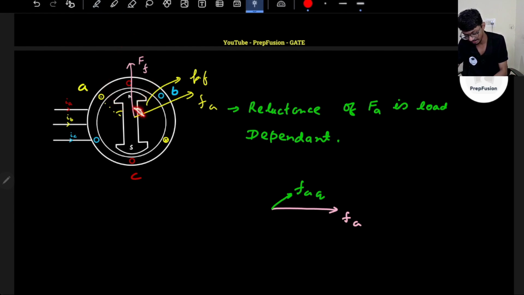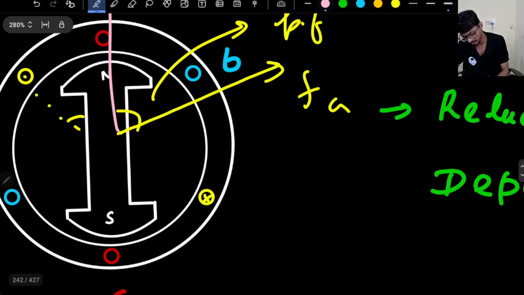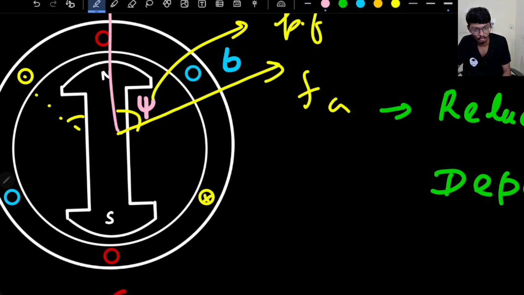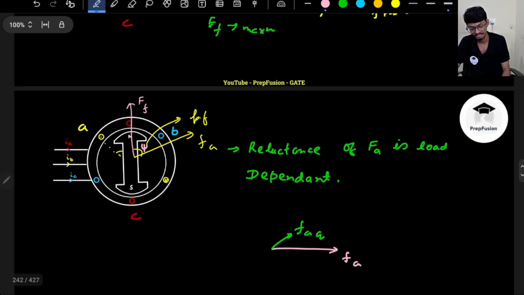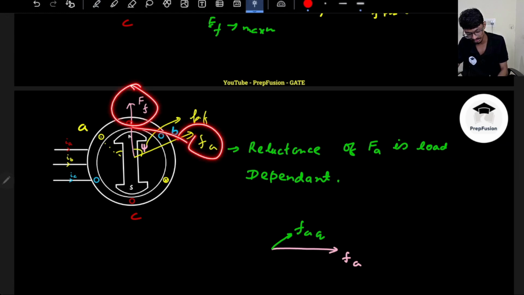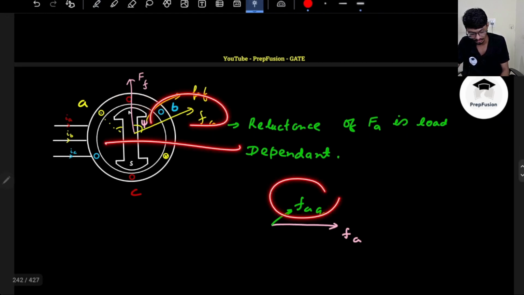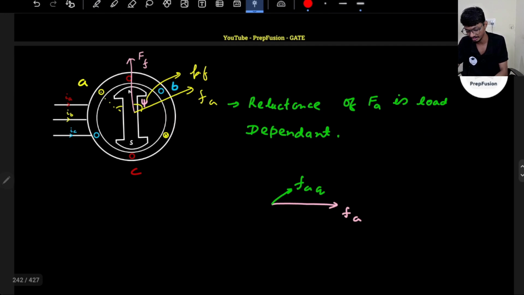This angle is known as the angle between the armature mmf and the field mmf. This will be psi. How this will be psi, I will explain. So this will have two components. One component will be along the field flux, and one component will be quadrature. That's why the quadrature one is called FAQ and the one along the field flux is called FAD.